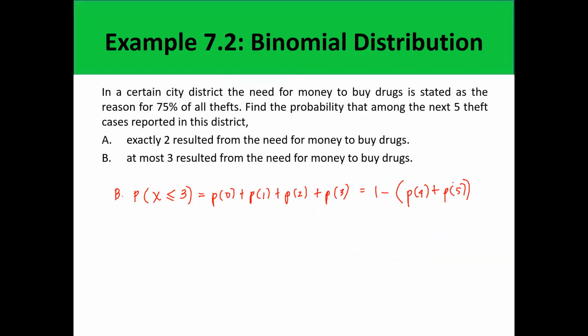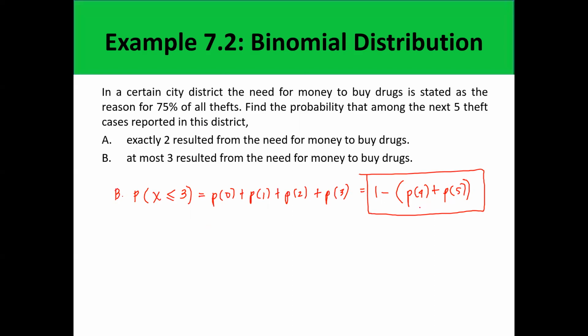If we use the complement and subtract it from 1, we get the same value of the probability. I think this solution would be easier, because we're going to use only the binomial formula twice, using x equals 4 and x equals 5.